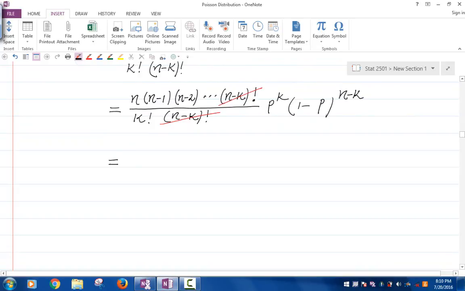But we have to realize the factor previous to n minus k factorial.